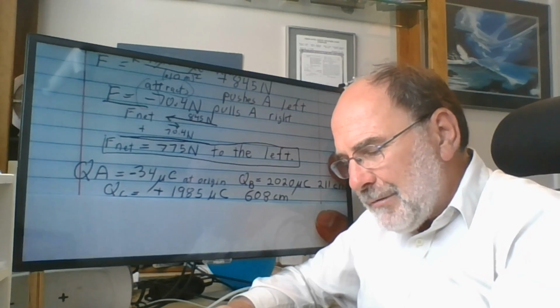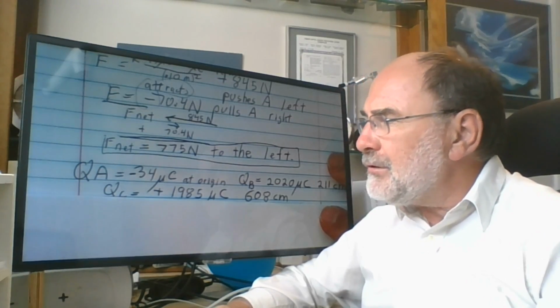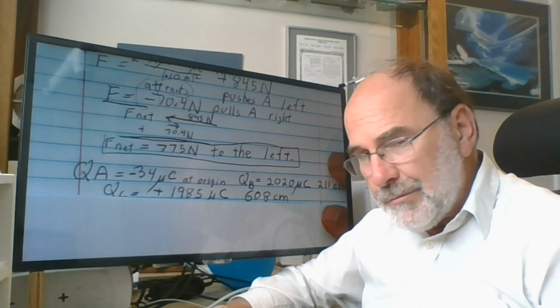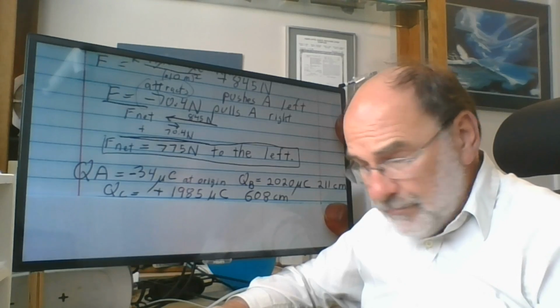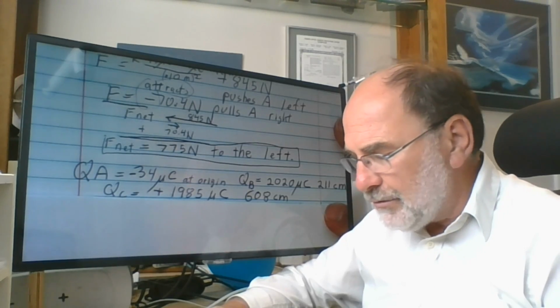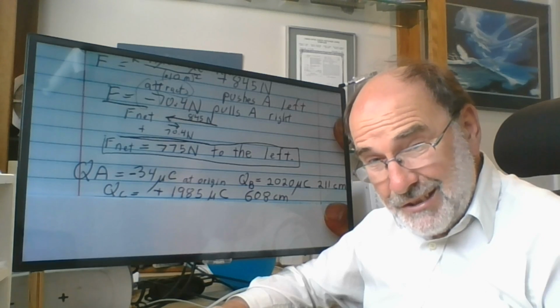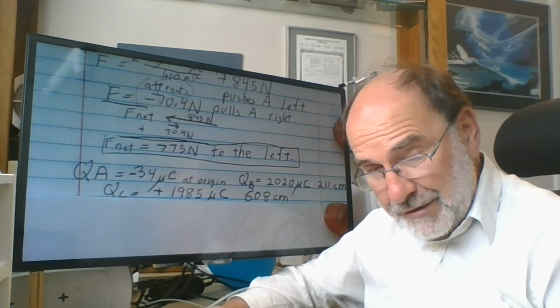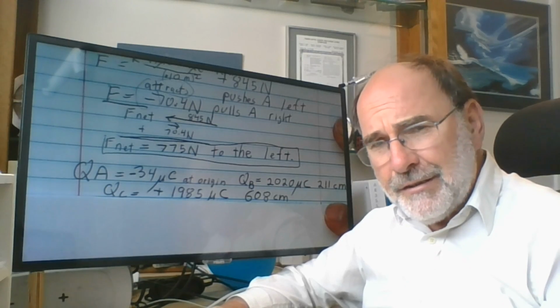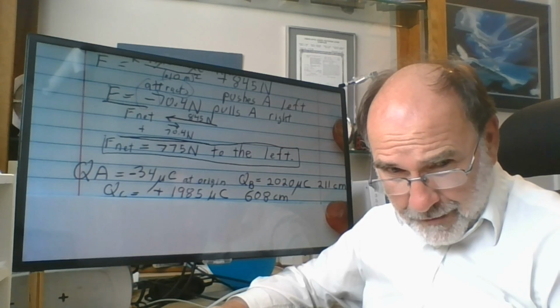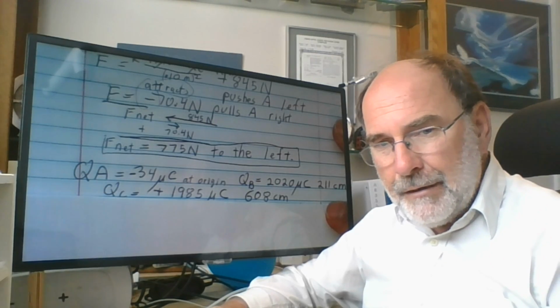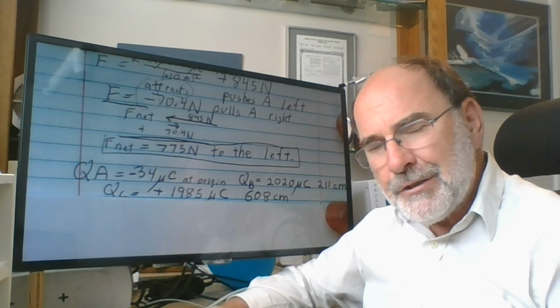So, reminder for this problem, first charge is negative 34 microcoulombs, that's at the origin. Charge B is positive 2020 microcoulombs at position 211 centimeters on the positive x-axis. Charge C is 1985 microcoulombs, which is 1.985 millicoulombs, and it's at position 6.08 meters.